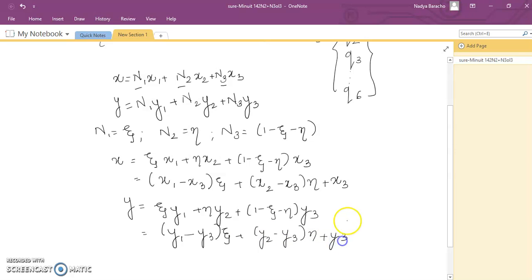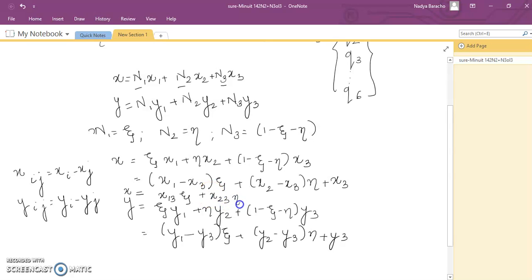we get this equation. Now let us use the denotation xij equals xi minus xj and yij equals yi minus yj. So using this, we will get x equals x13 into zeta plus x23 eta plus x3.